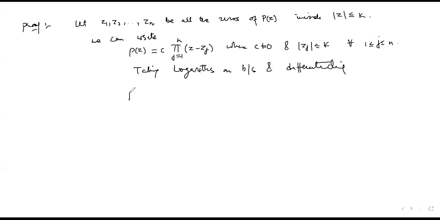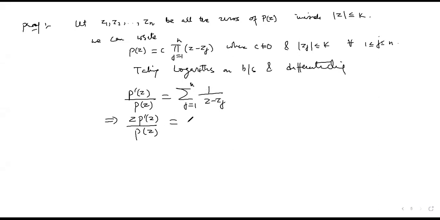What you get? You get p'(z)/p(z) is equal to summation j runs from 1 to n of 1/(z minus zj), which would, as usual, जो हम करते आए हैं, z p'(z)/p(z) is equal to summation j runs from 1 to n of z/(z minus zj).